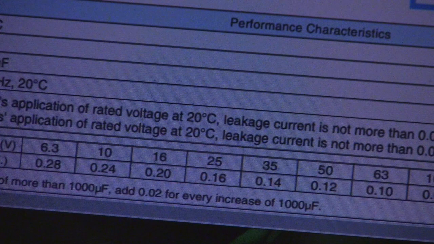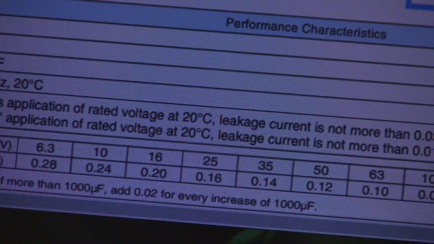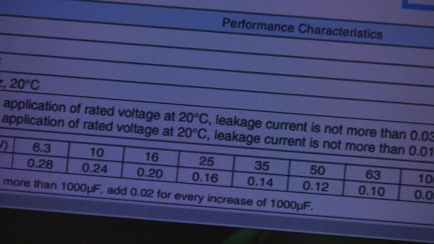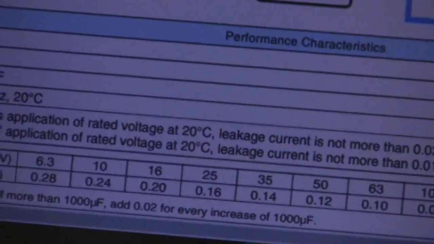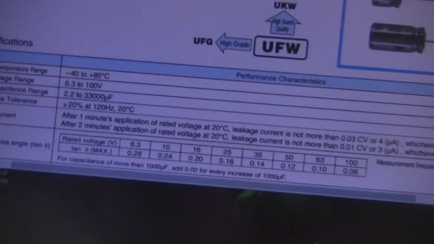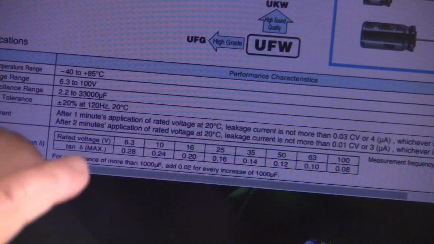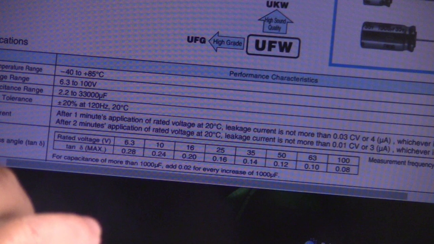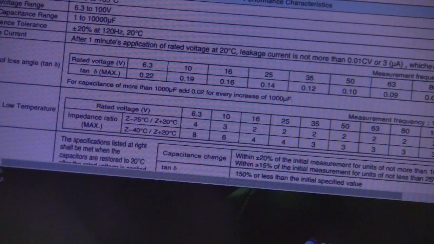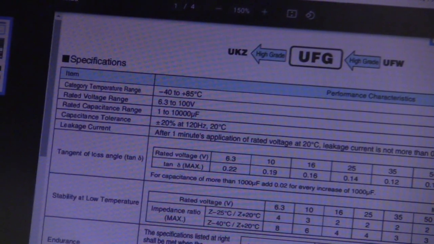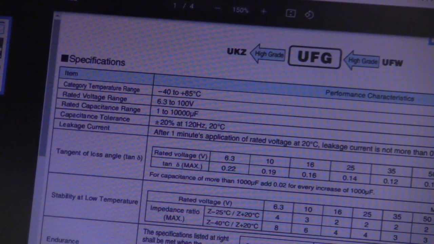What does that mean to us? I might not know, but based on what they tell me, there is another one better than that. It's UFG. Let me see the UFG. This is the UFG, the one they said is better than the UFW.